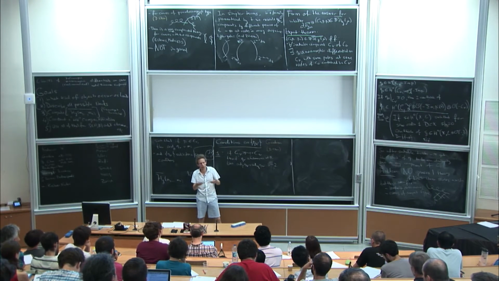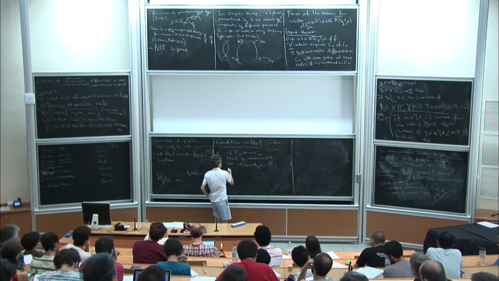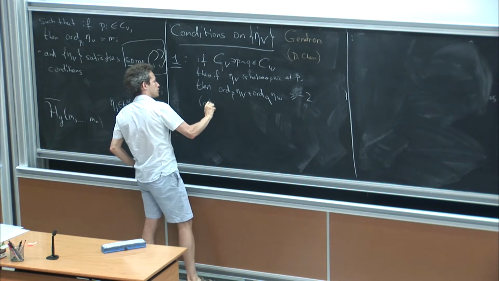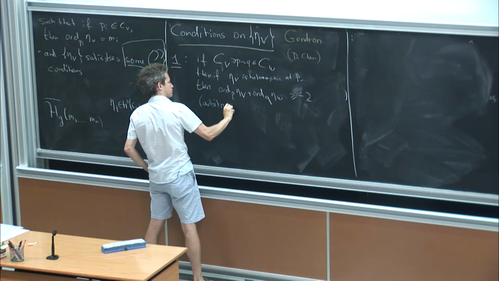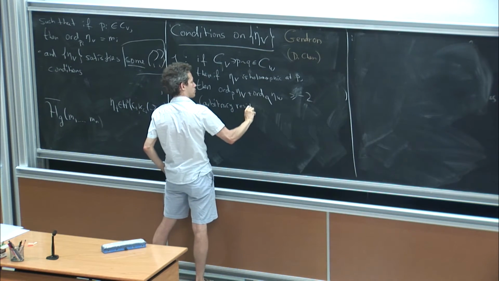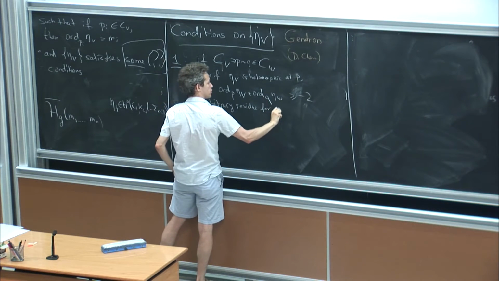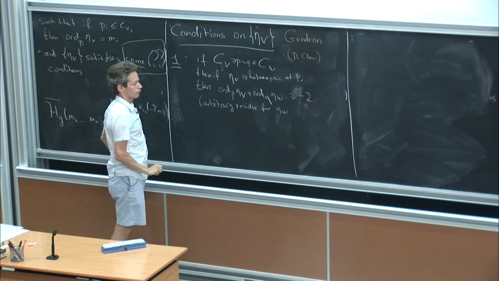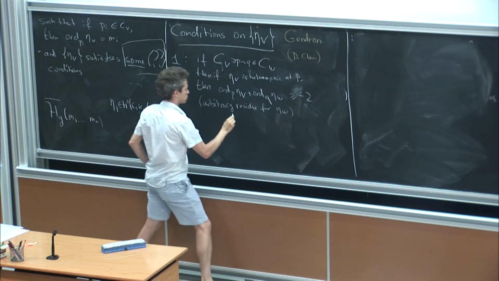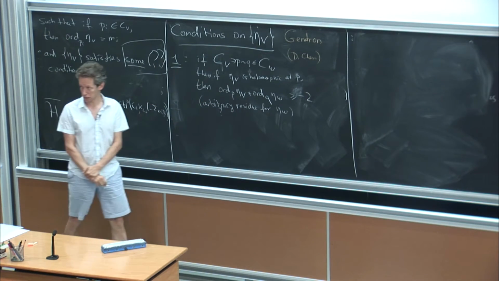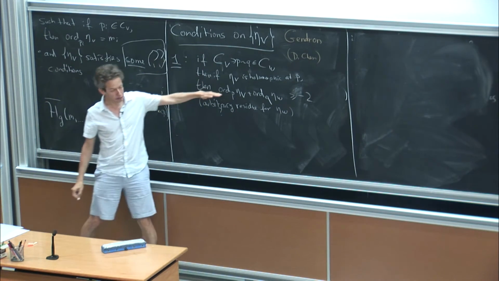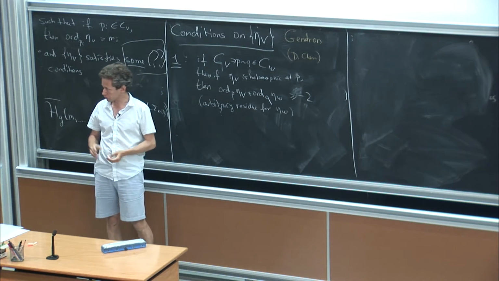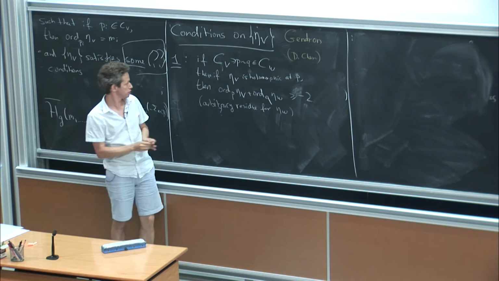You know, if I'm allowed to have a higher order pole, it may happen to be lower. And I can have arbitrary residue for eta W. I mean, arbitrary is actually a wrong statement, but there is no local condition for the residue. If I have a higher order pole, it might have a residue.